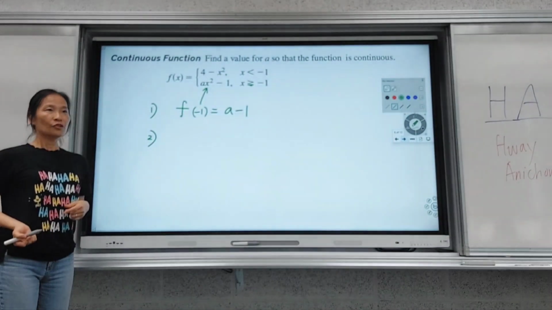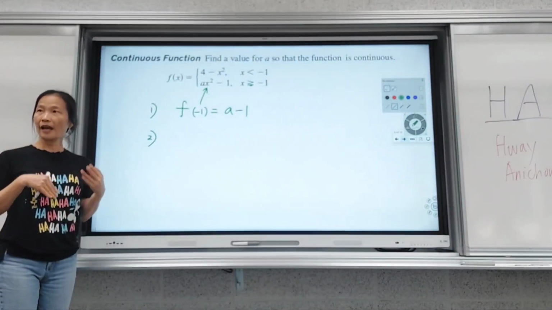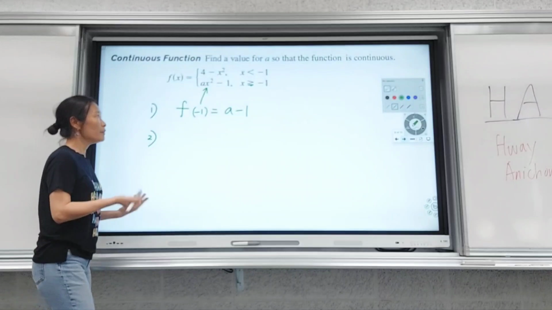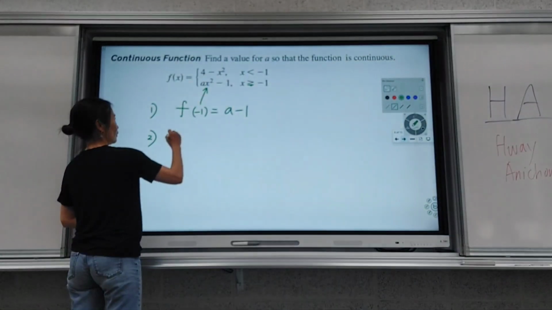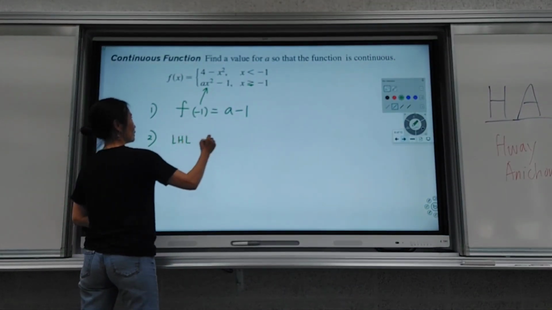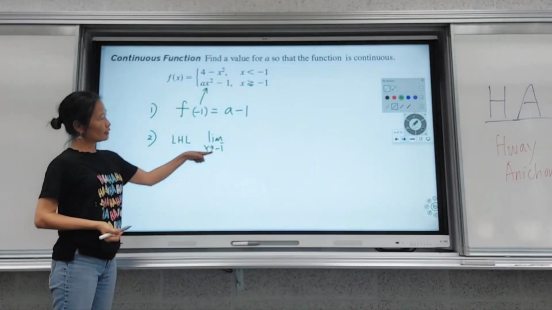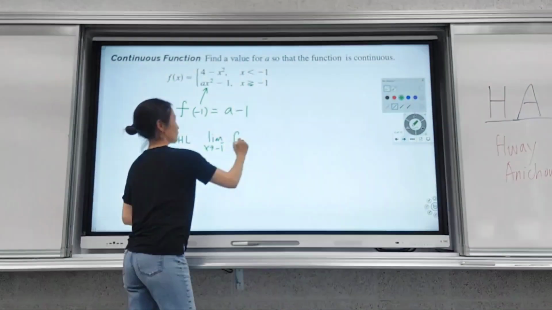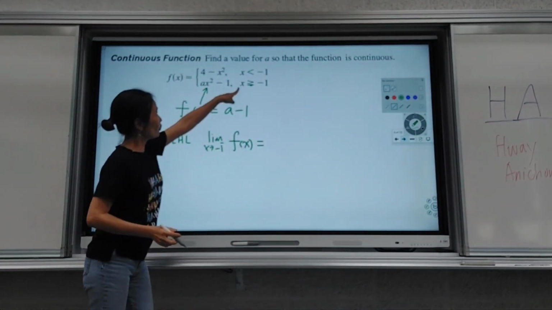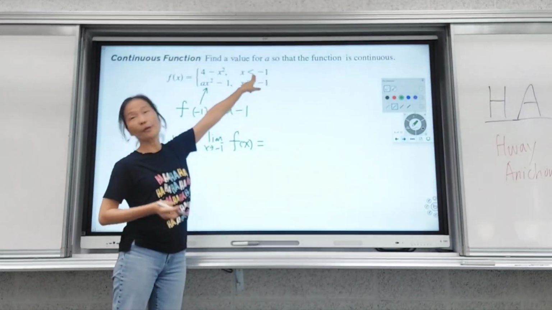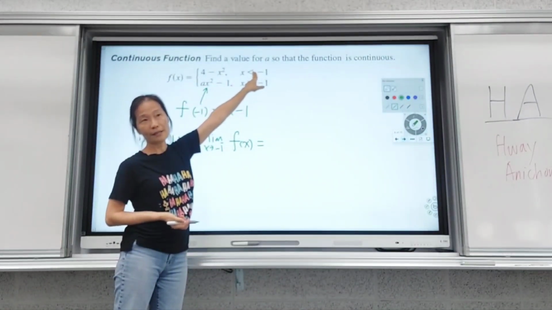Number 2, check the limit from the left hand side and the right hand side. So the limit has to exist. So the left hand limit, use the proper notation, approaching -1 from the left. Look at the domain. From the left, it's supposed to be the top, x is less than -1.